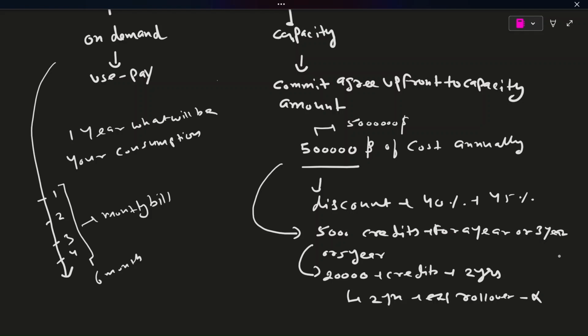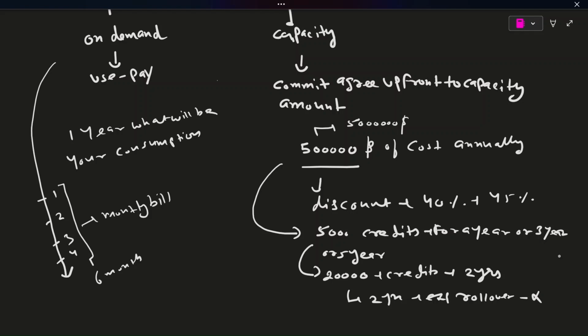So after 6 months of usage, you will come to know what your per month bill generation is, and on the basis of that, you can take the calculation for 1 year or 3 year or 5 year, and have a meeting with the Snowflake team where you tell them, okay, this is my upfront capacity agreement with you. Now you tell me the discount.